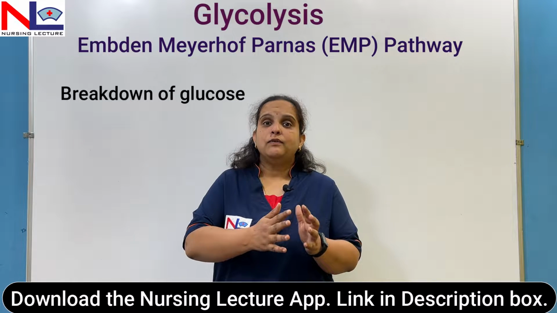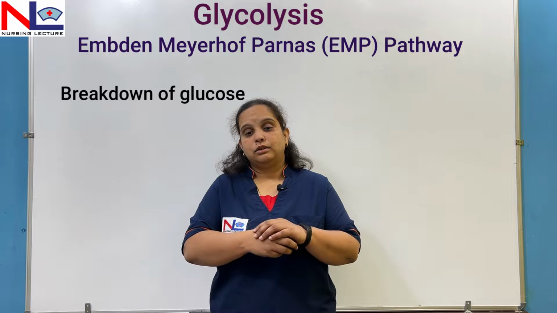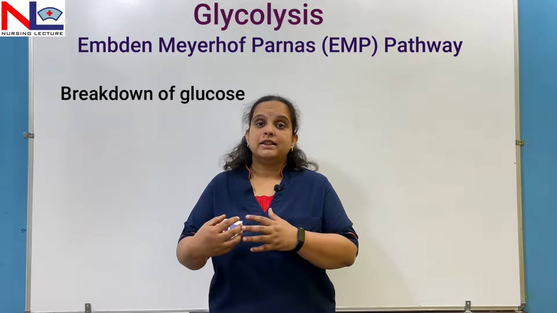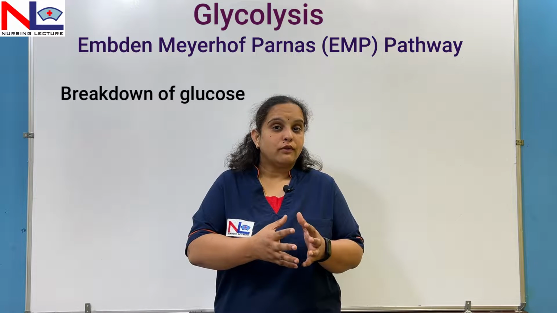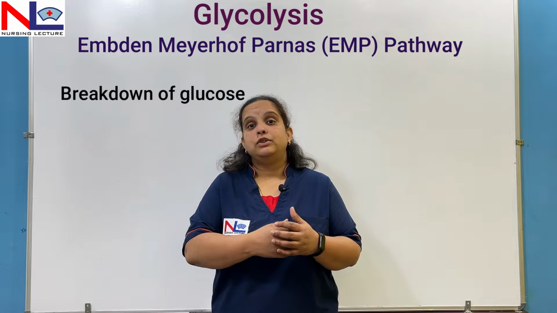Whenever we ingest carbohydrate and metabolism is going on, it breaks into a smaller component, that is monosaccharide. In the form of glucose, it gets into the cell and the oxidation process occurs through various enzymes and releases energy in the form of ATP, which our cell utilizes.